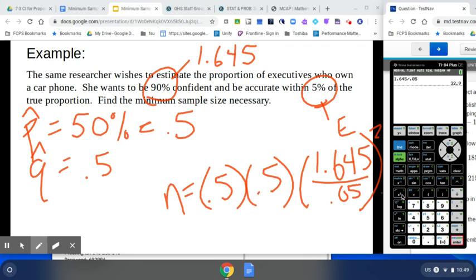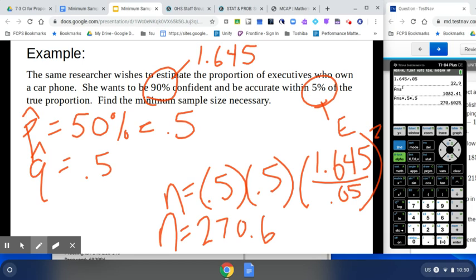I'm going to square that value and then multiply by p hat and by q hat. All right, that gives me a minimum sample size of 270.6, but again, we always round these up to the next whole number, so at least 271 are to be sampled.